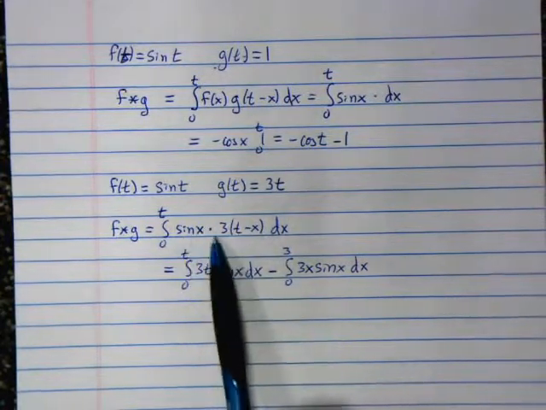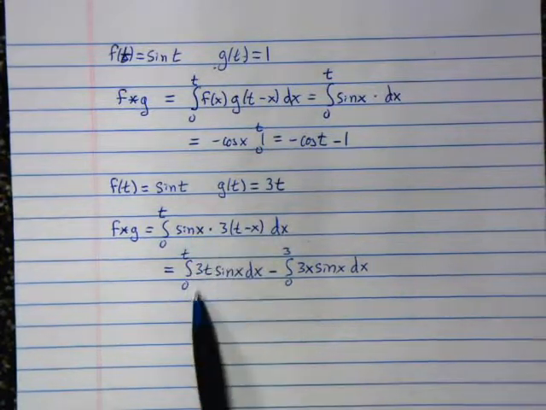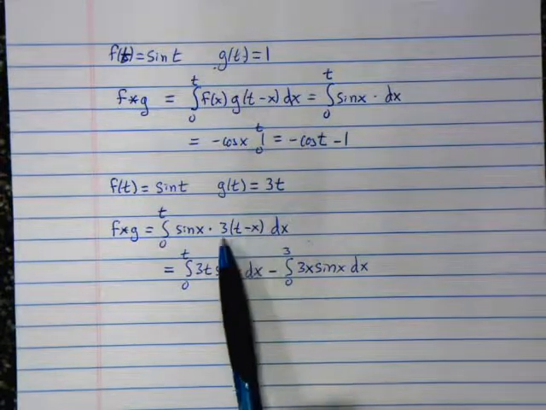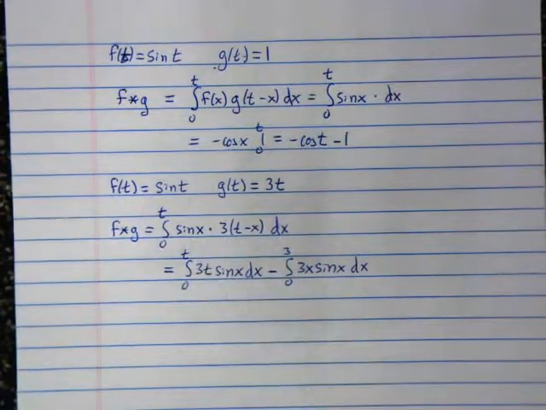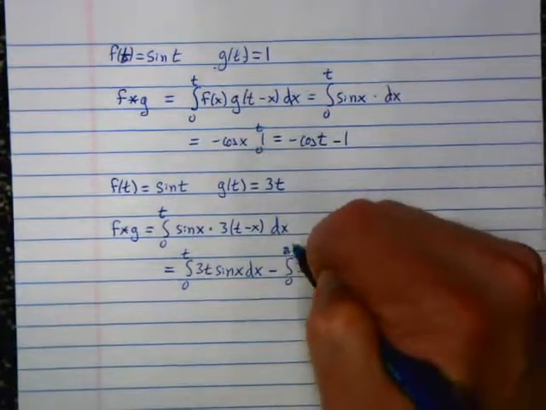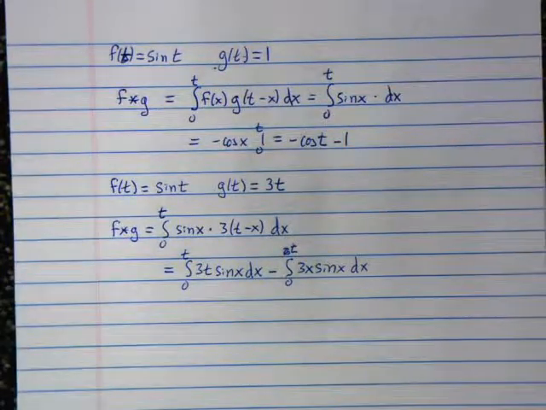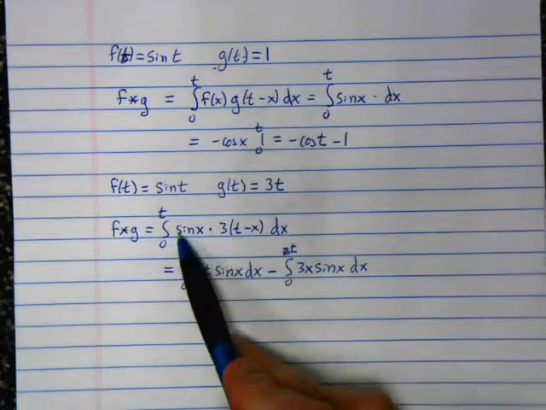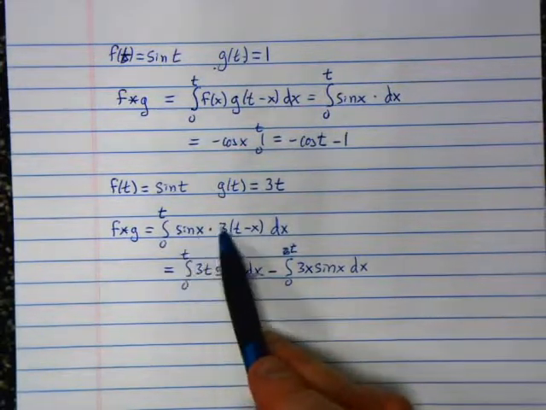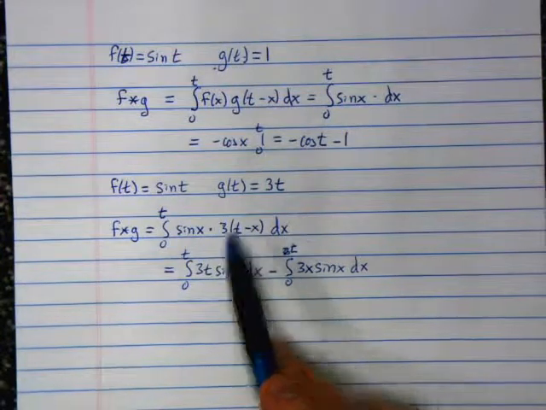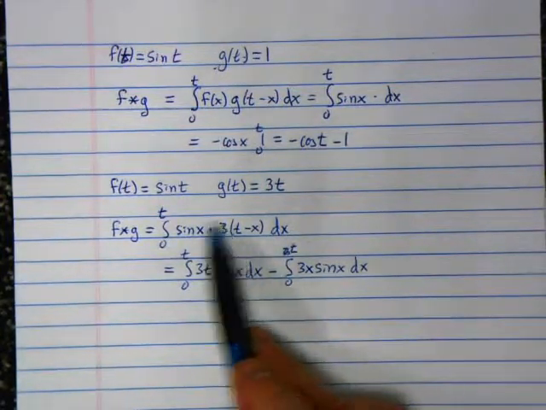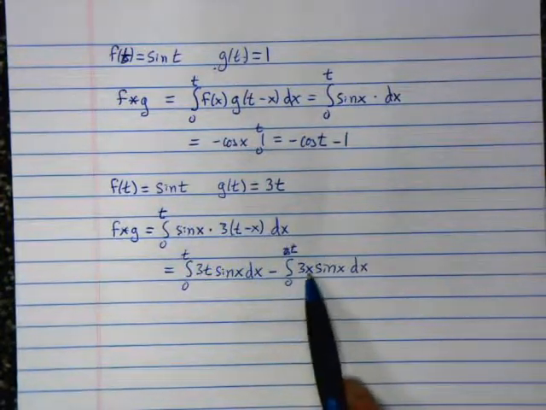I distributed the sine through also, so I had 3t sine x minus 3x sine x. Oops, that's a t right there, not a 3. So I distributed the 3 sine x through, so I have 3 sine x times t. That's 3t sine x. And I have 3 sine x times negative x. There's that.